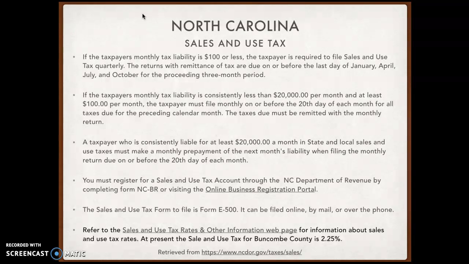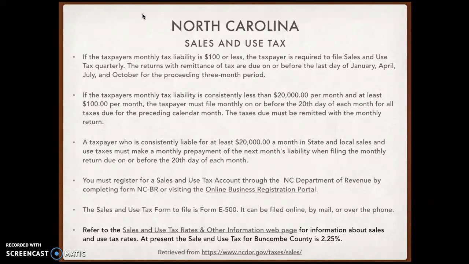A taxpayer who is consistently liable for at least $20,000 a month in state and local sales and use taxes must make a monthly prepayment of the next month's liability when filing the monthly return due on or before the 20th day of each month. You must register for a sales and use tax account through the North Carolina Department of Revenue by completing the NCBR or visiting the online business registration portal.